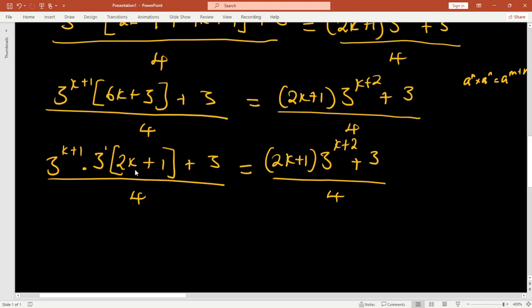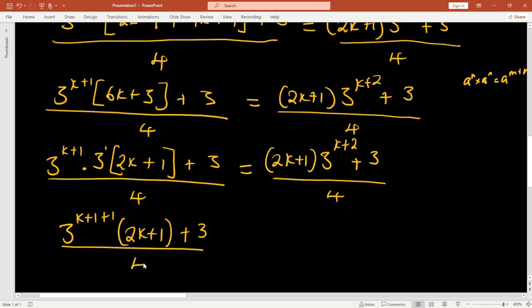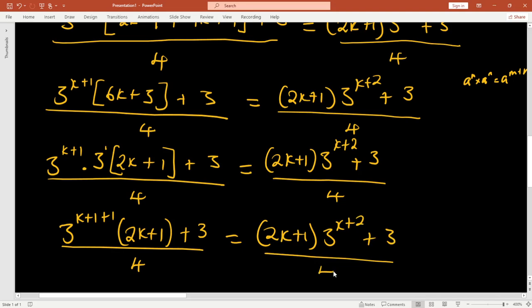We just add the powers, meaning that here we're simply going to have 3^(k+1) plus the power of 3 that we have here, which is 1, open brackets, 2k + 1, plus 3 divided by 4, is equal to, so copy this the way it is, (2k + 1)·3^(k+2) + 3 divided by 4 here.